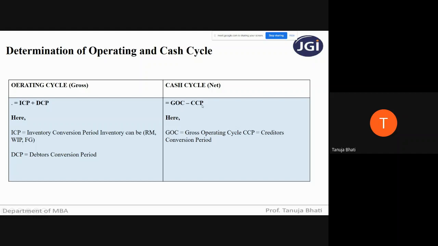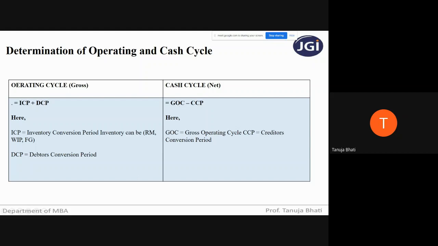I told you, when we purchase the raw materials on credit, we are the creditors since we have to make the payment of cash. So it will be minus creditors conversion period. Again I'm repeating, cash cycle is nothing but gross operating cycle minus creditors conversion period.